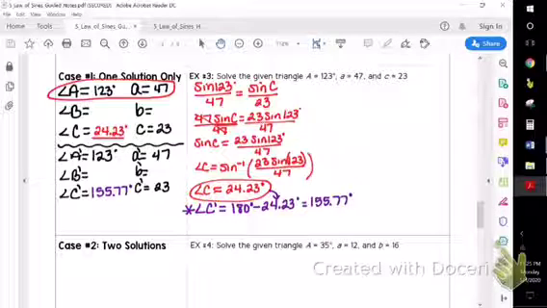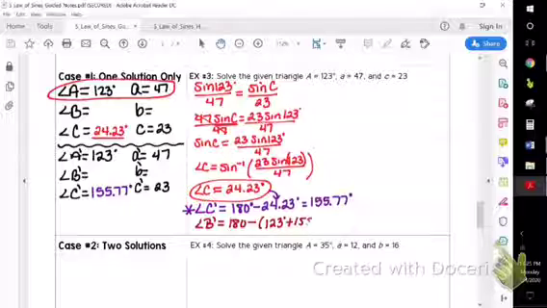Now, to check and see if this triangle exists, I need to find angle B. So I'm going to go ahead and do that now. Angle B prime is equal to 180 minus the other two angles added together, so 123 degrees plus 155.77 degrees.